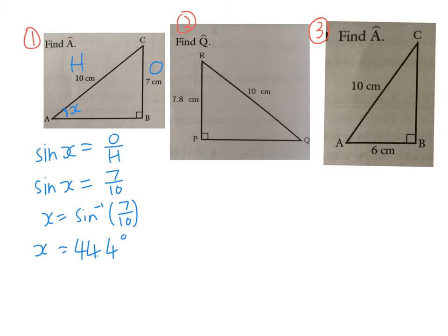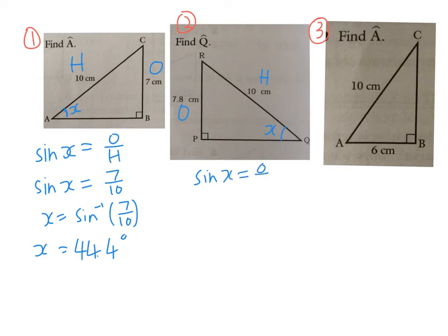Question 2, we have to find q. So we label q, that's our x there, which then makes the opposite 7.8, and the hypotenuse is the longest side, the 10. Again, it's O and H, so that tells me to use the sine function.